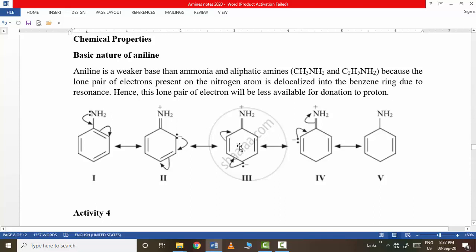This is an important part. You don't have to remember these resonance structures; they are given simply to understand how the lone pair of electrons is moving from one point to another, making it unavailable for donation. If the lone pair cannot be donated easily to the proton, then that particular amine will be considered a weaker base.